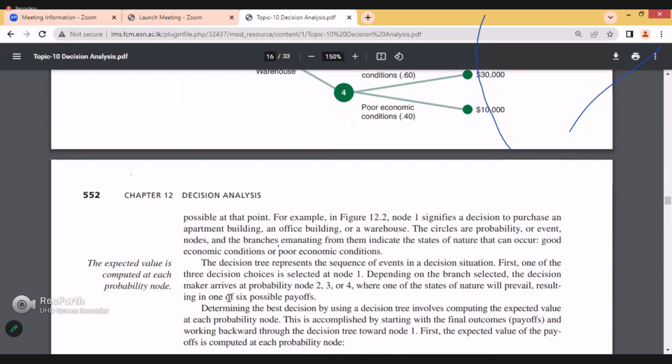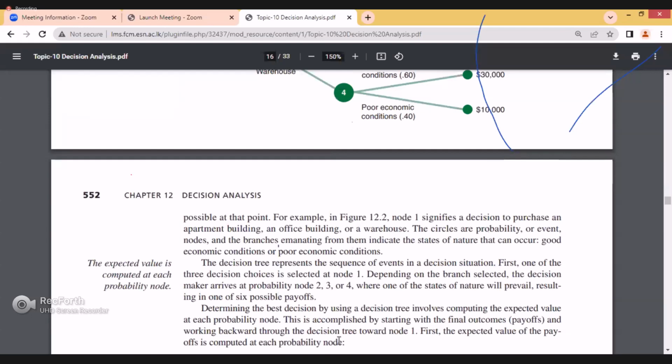In the decision tree diagrams, this is 50, 30, right? Then 100 minus 40, that is the second one: 100,000 minus 40,000.